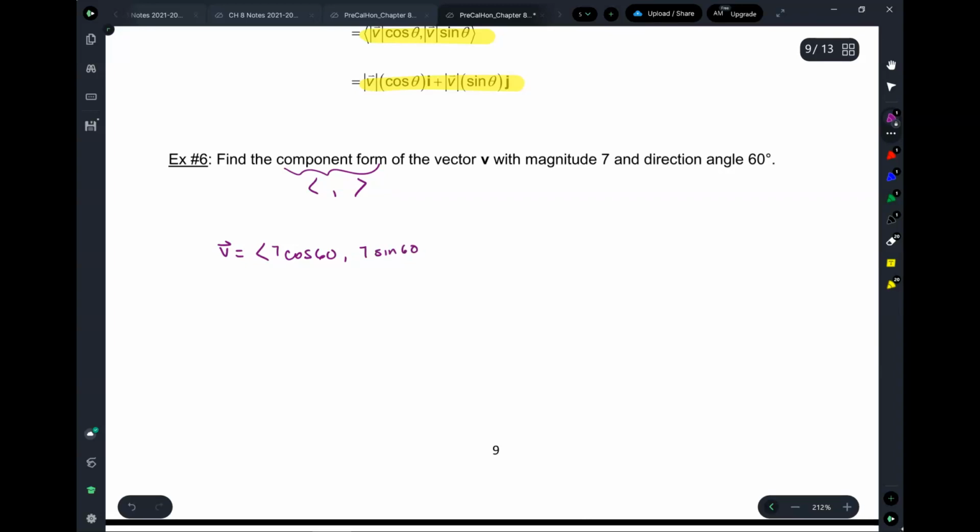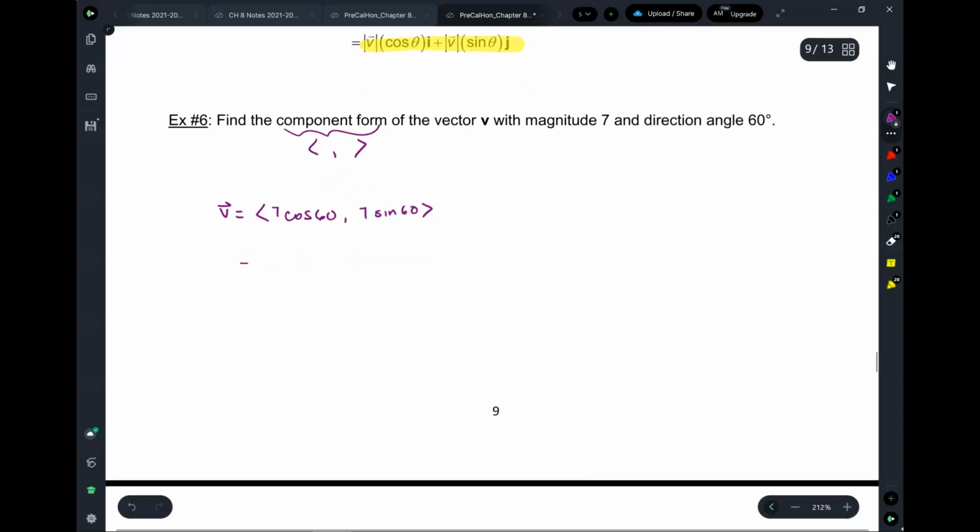That's it, and you have the vector in component form. So you know that this is 7 times root 3 over 2, remember that? Comma, 7 times a half.